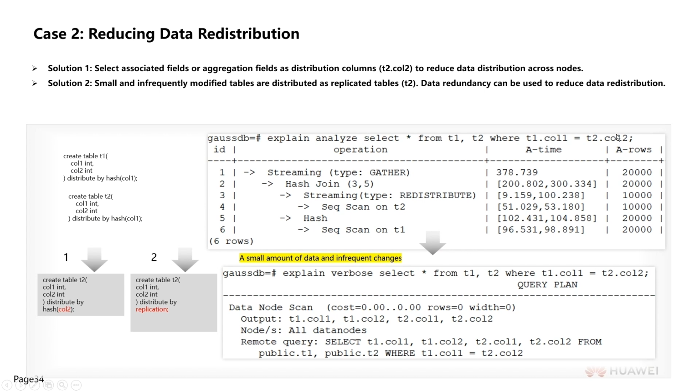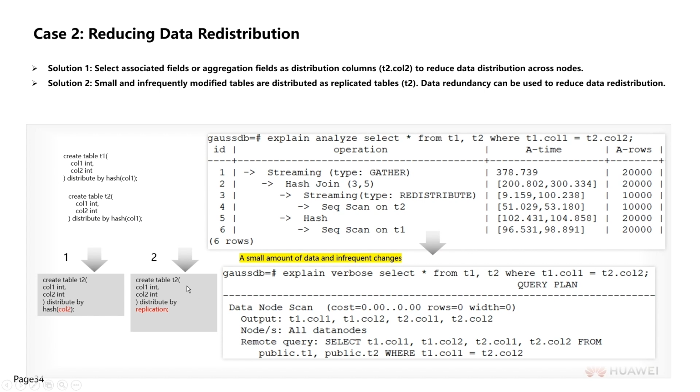In this case, we see there is a redistribute stream operator here, which involves some network cost. In order to avoid this, we can change the distribution column of T1 and T2 to column 2, and therefore the plan is upgraded to remote FQS query, where we have no data exchange between the DNs.